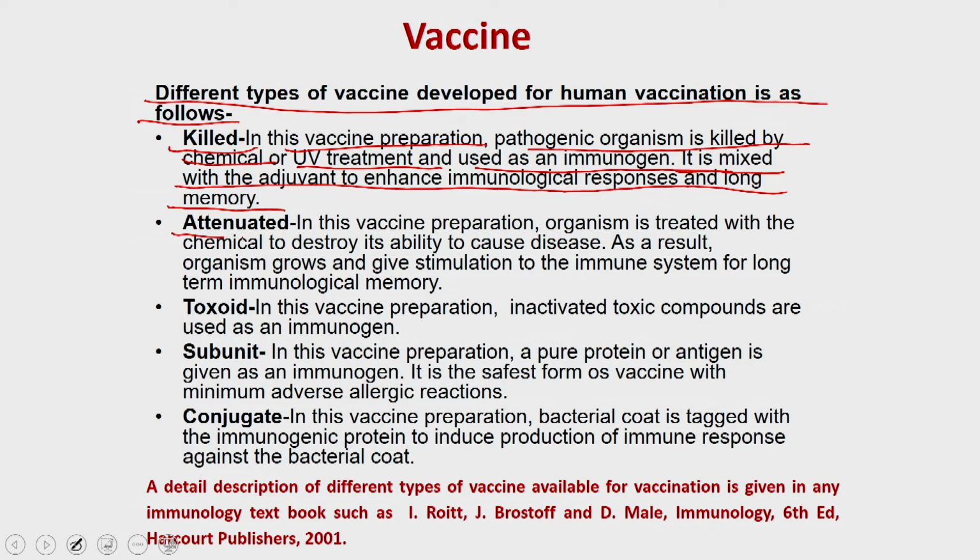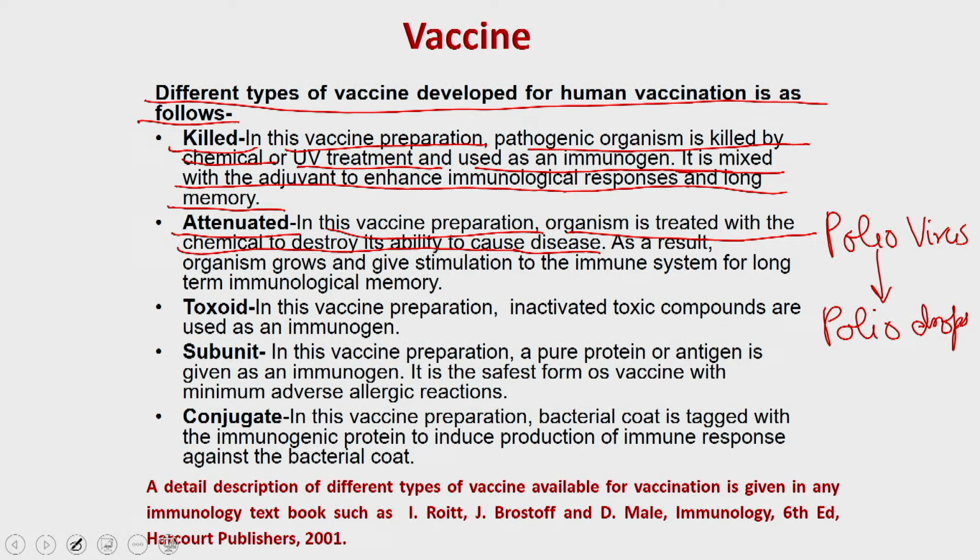The second is the attenuated organisms. In this vaccine preparation, the organism is treated to destroy its ability to cause disease. One of the classical examples is the polio virus. The polio drops we take for polio vaccination are nothing but the attenuated virus, which means it is still able to propagate, but it is not able to cause the disease.